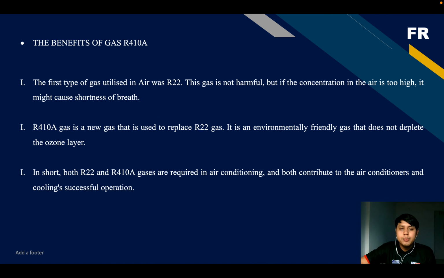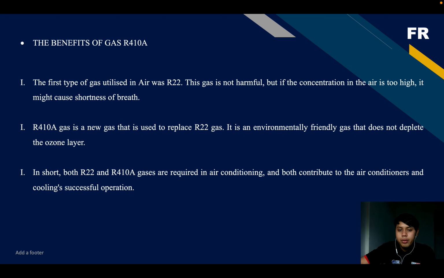The next slide is about the benefit of gas R410A. Firstly, the first type of gas utilized in AC was R22. This gas is not harmful, but if the concentration in the air is too high, it might cause shortness of breath. Second, R410A gas is a new gas that is used to replace R22 gas.